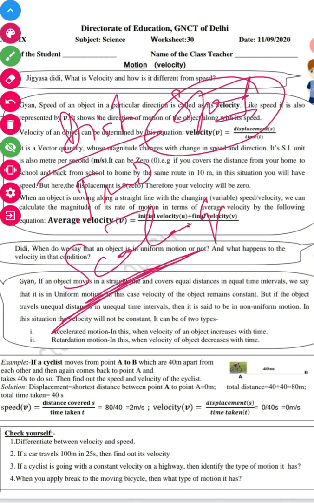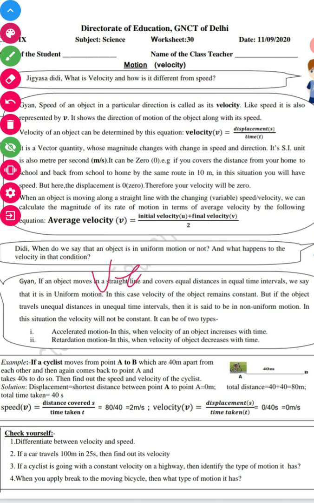The value of the speed will never be 0 or negative, right? But in case of velocity, we have displacement upon time. When an object covers displacement per unit time, it is called velocity, right?